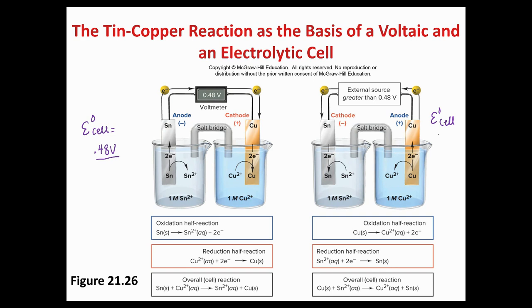It's a negative value. So in the voltaic cell, the electrons will spontaneously flow from the tin towards the copper. The other direction doesn't want to happen. The copper doesn't want to oxidize. The tin does not want to reduce. So you have to put a current of electricity on here, an outside source of electrons.